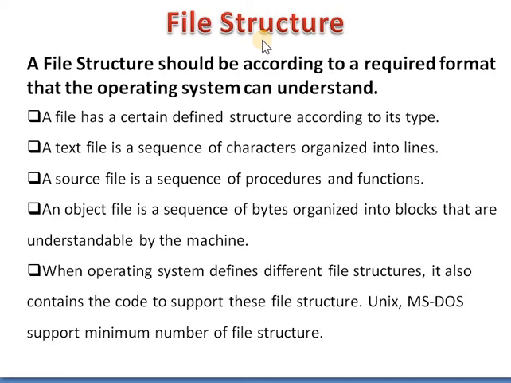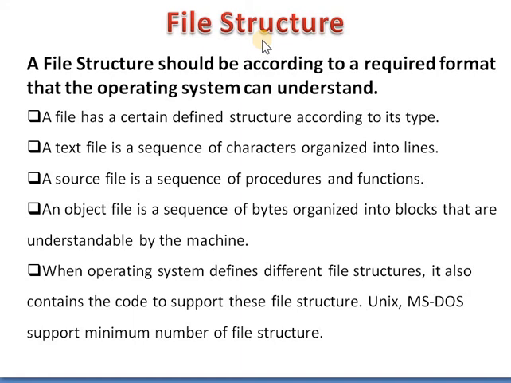And the third type of file structure is the tree structure. This is mainly used in mainframe computers and in some commercial applications. Here the data is stored in a hierarchical order, in a tree structure.